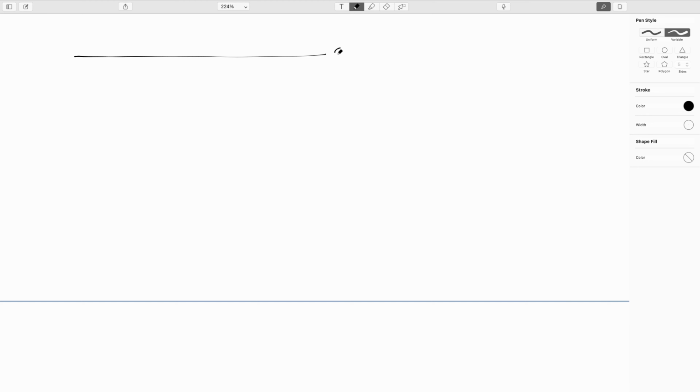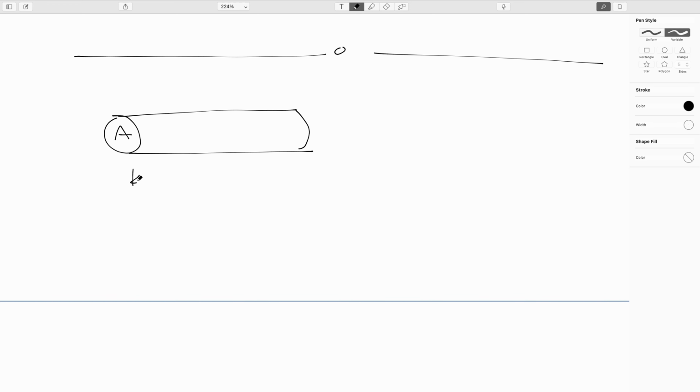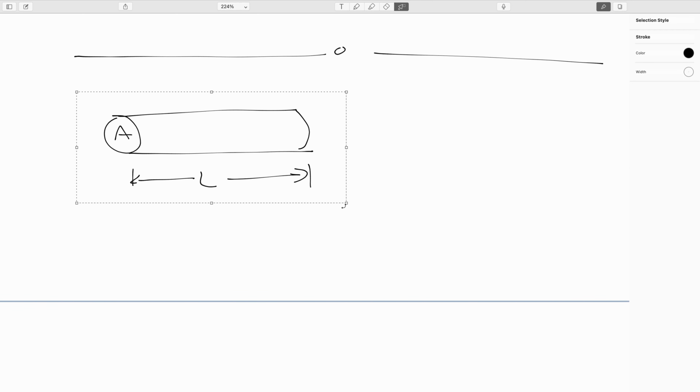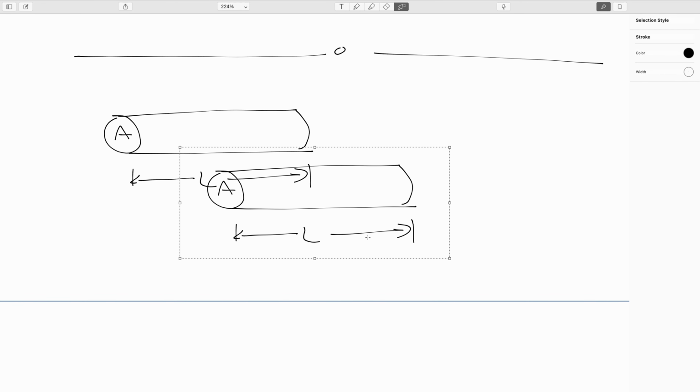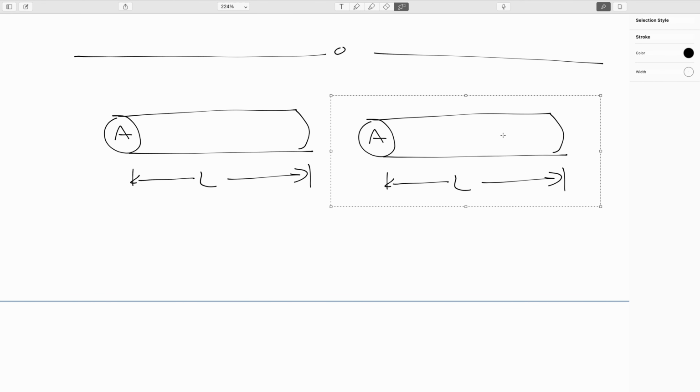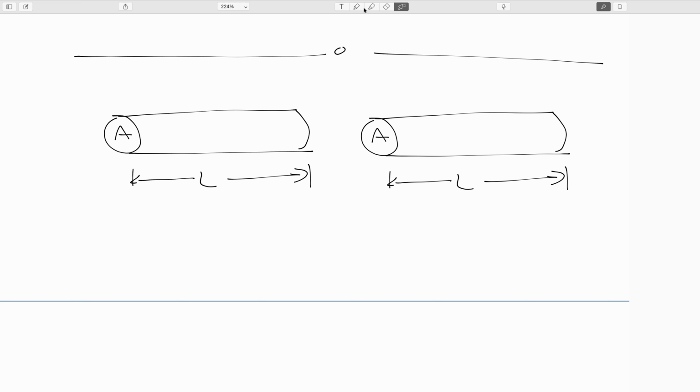So here, let's imagine that I have two wires that have the same cross-sectional area and the same length. In fact, to make that point blatant, I am just going to copy and paste. There we go. There's my two wires.